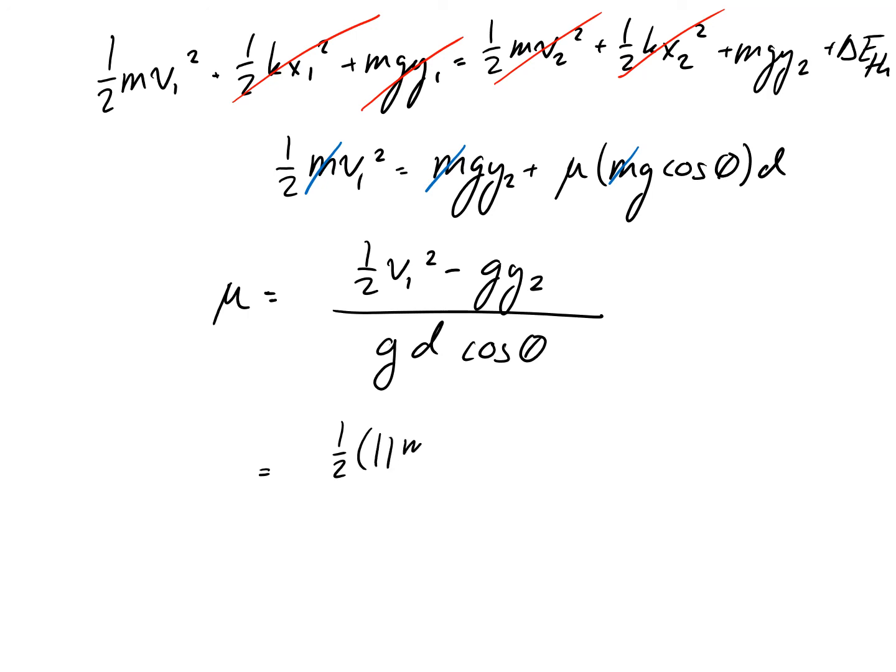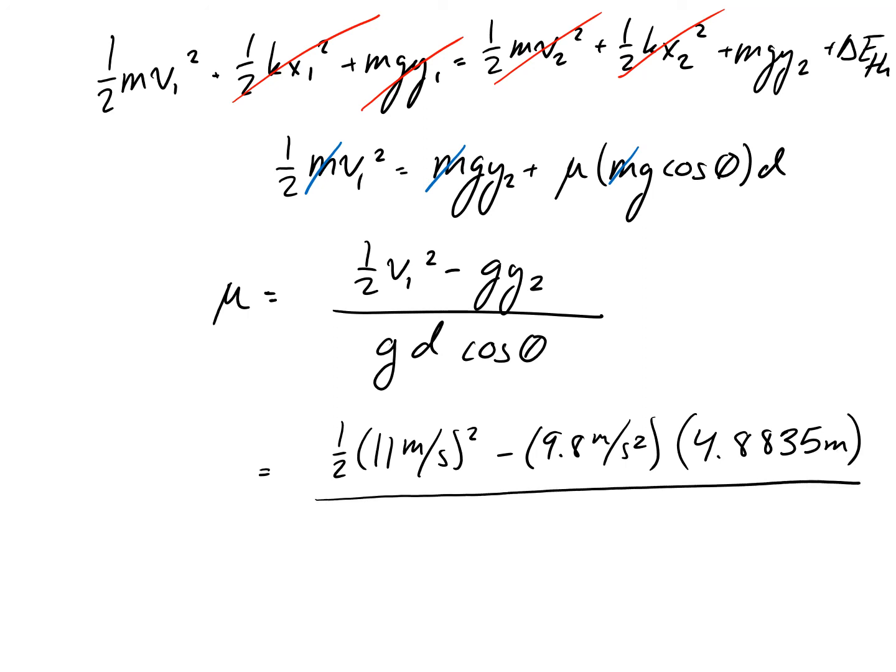So I'm going to have 1/2 times my initial speed, which was 11 meters per second, squared. I'm still on Earth, so g is still 9.8 meters per second squared. I'm going to use the 4.8835 meters for my y2 value, divided by 9.8 meters per second squared, times my distance of 15 meters, times cosine of 19.